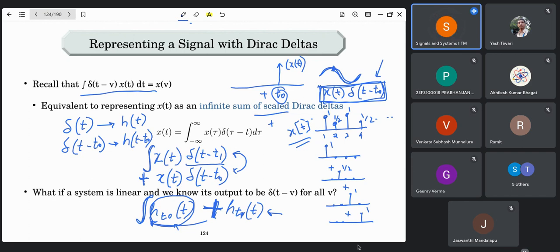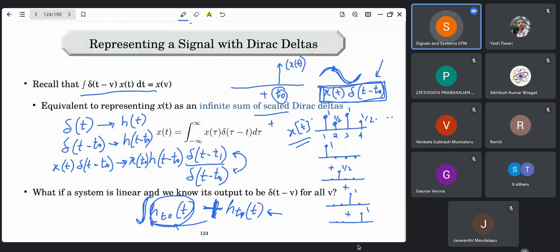And because of linearity, the output of x of t naught times delta of t minus t naught is just h of t minus t naught scaled with x of t naught.